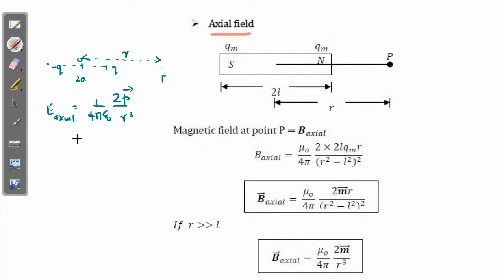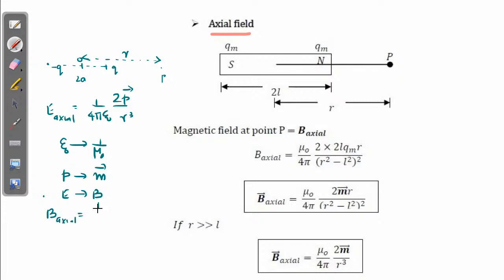How do you replace it? Your epsilon 0 has to be replaced by 1 by mu 0. Your electric dipole moment has to be replaced by magnetic dipole moment. E has to be replaced by B, because E represents electric field and B represents magnetic field. So what will be my B axial?